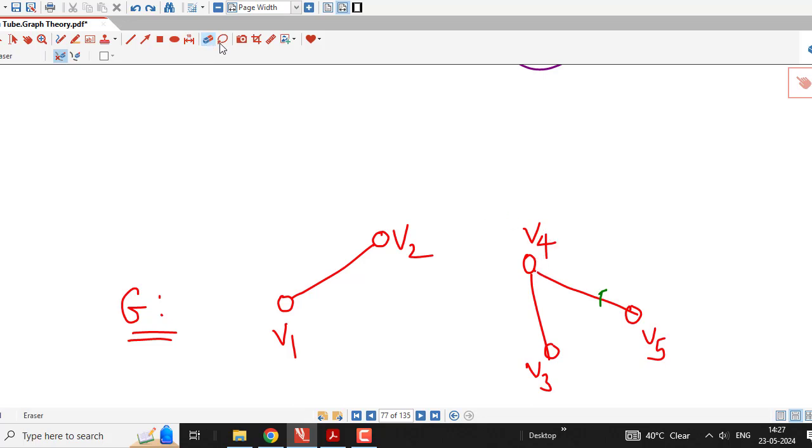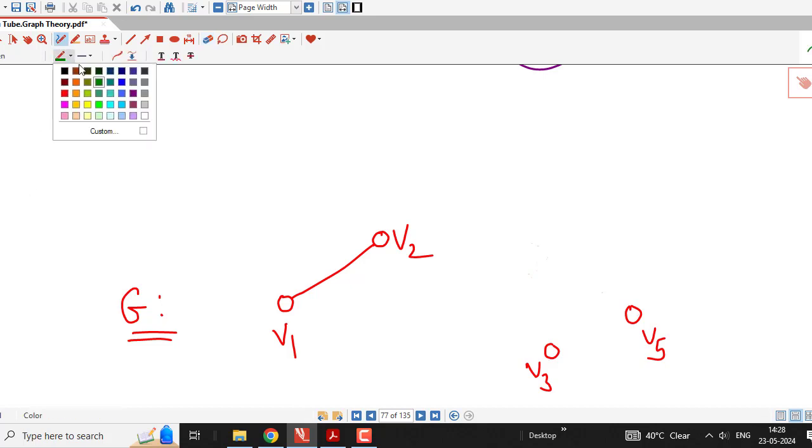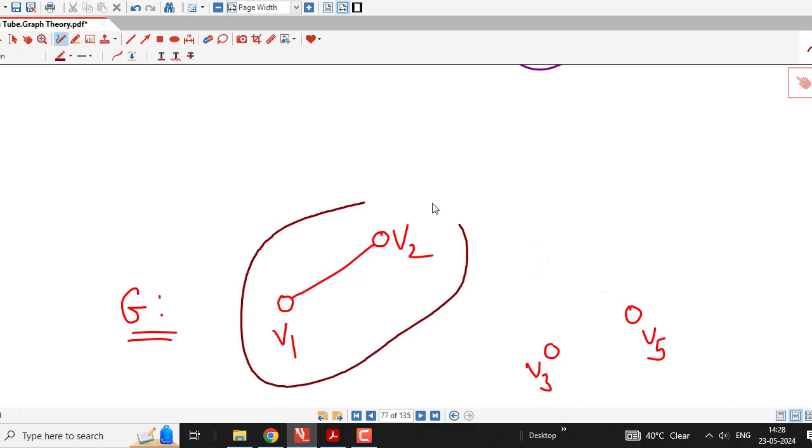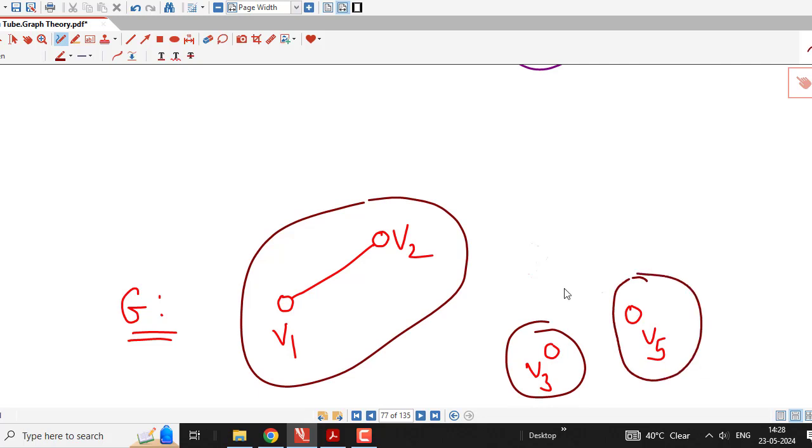Suppose I remove vertex V4 and edges incident with vertex V4. Then you can see now I have three connected components. One connected component is this one, another is this one, another is this one.